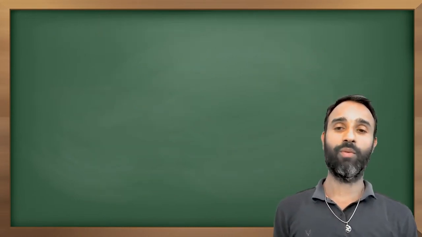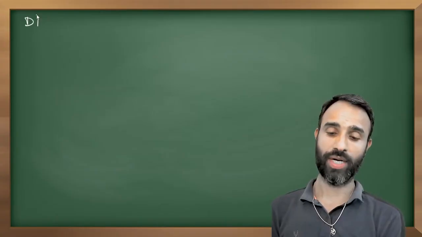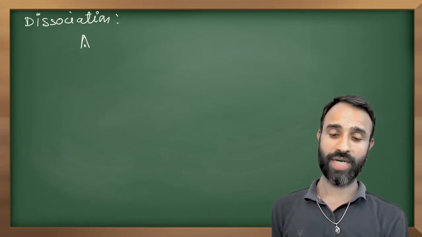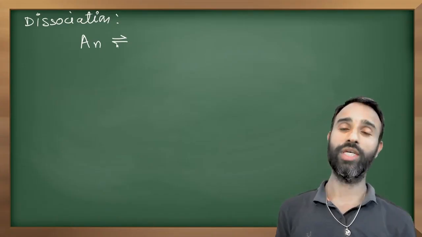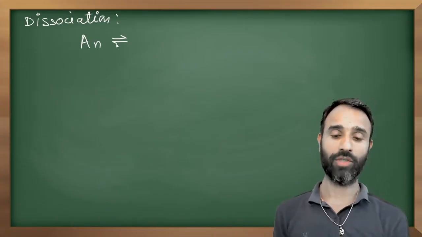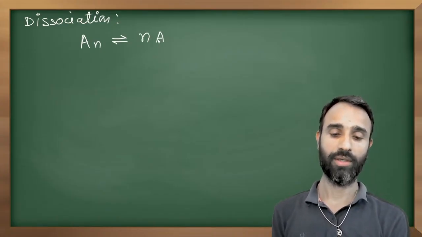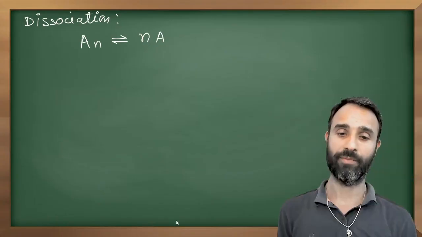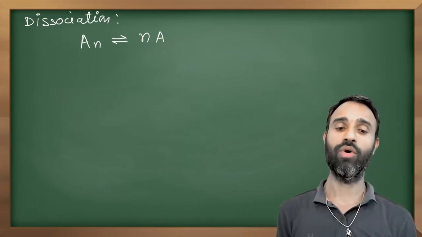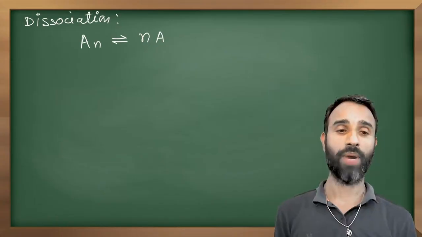Okay, so now let's calculate the Van't Hoff factor for dissociation. Let's say we have a molecule AN, which dissociates into n number of particles.